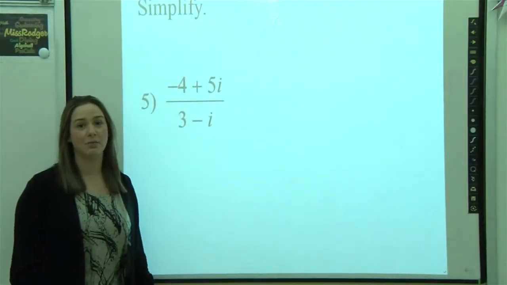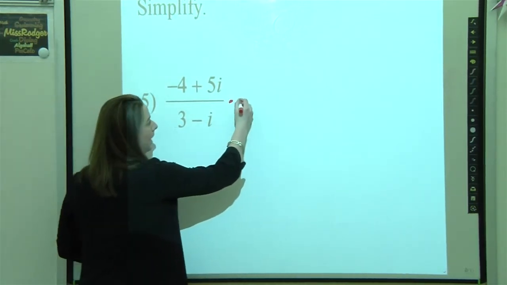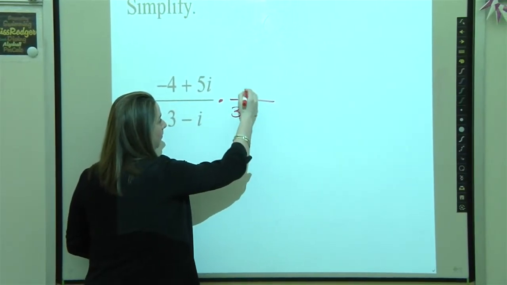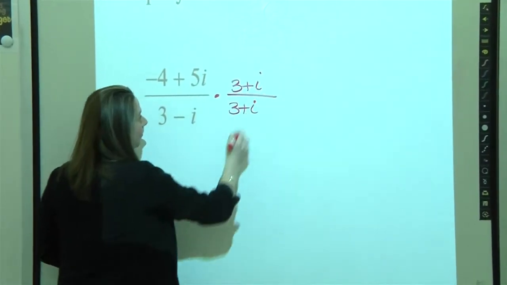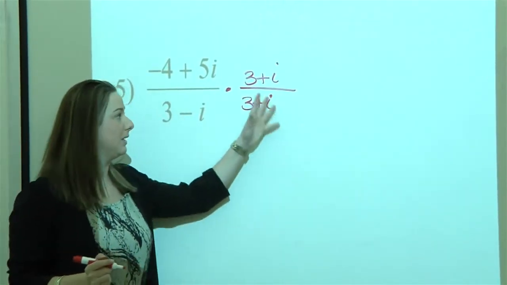Let's take a look at another problem where we use a complex conjugate. So let's multiply by 3 plus i. This technically, remember, is a value of 1. This is the complex conjugate.